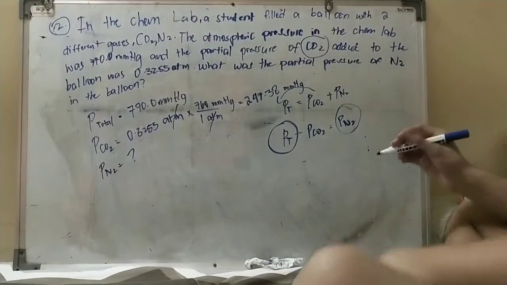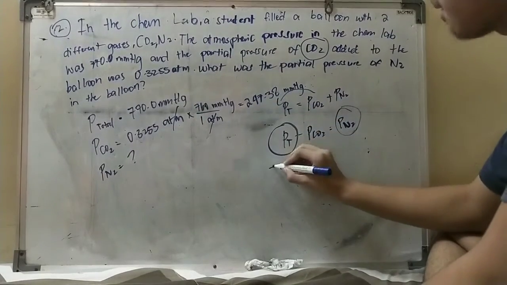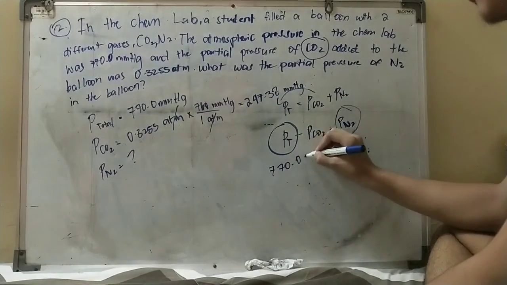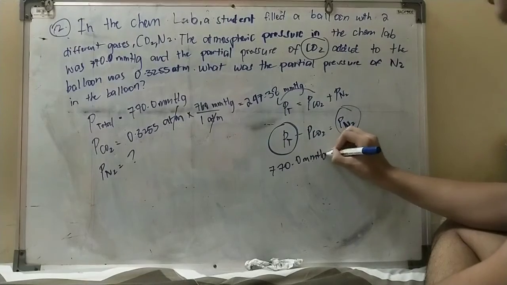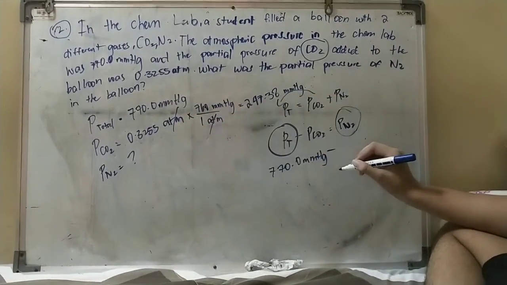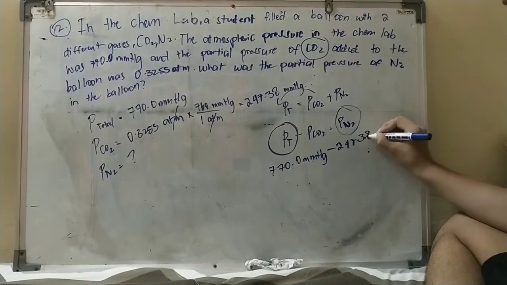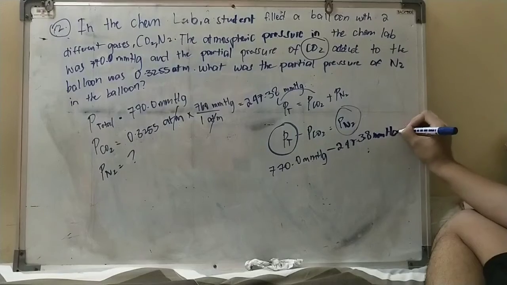So we then substitute our values. So our P total is 770.0 mmHg. And our CO2 partial pressure is 247.38 mmHg.